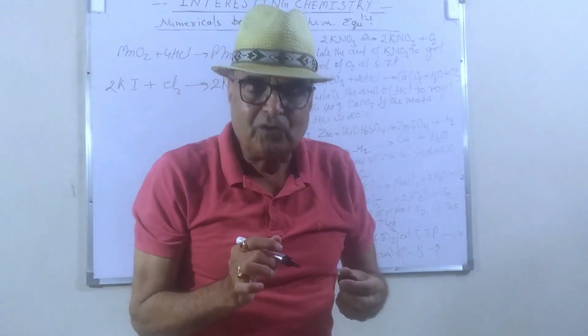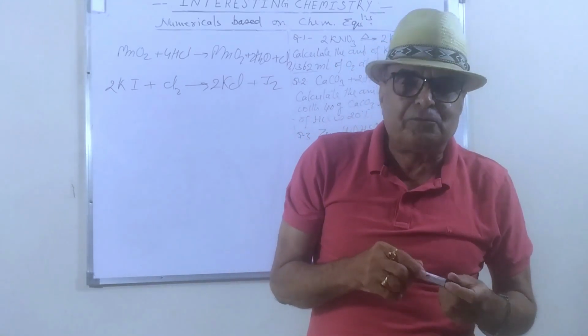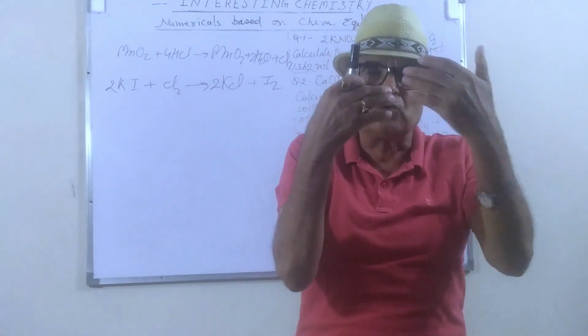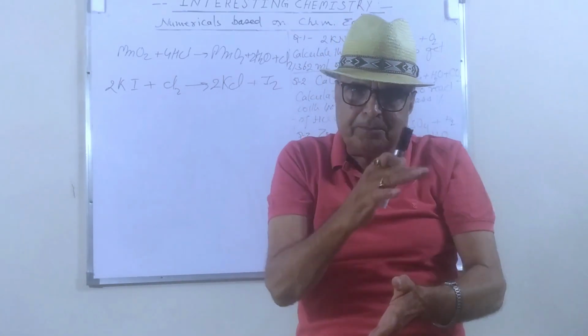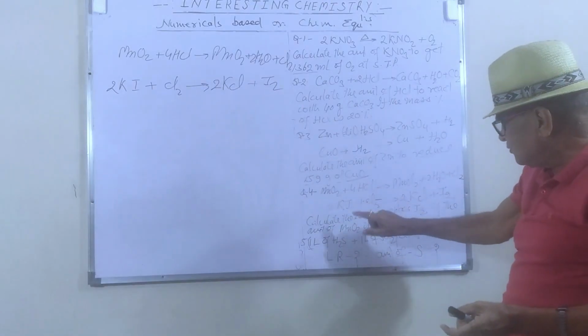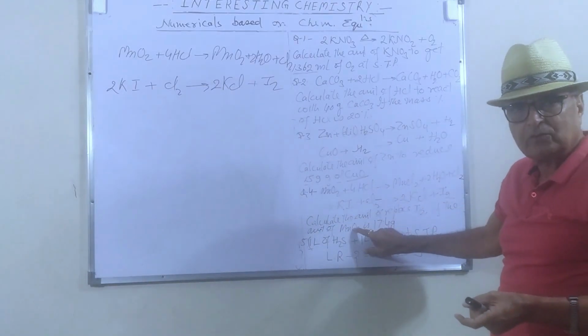First of all, you have to write the balanced equation, then find out the stoichiometry, then establish the relation according to your requirement as you are asked in your question.